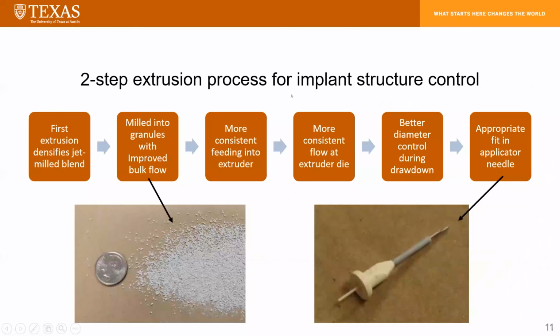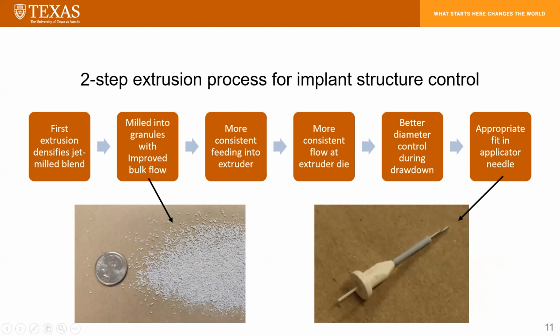Okay, so I mentioned the two-step extrusion process before, and here are the details. In the first step, we do the extrusion with no dimension control. We don't go through those small dies, just use the regular die on the extruder.